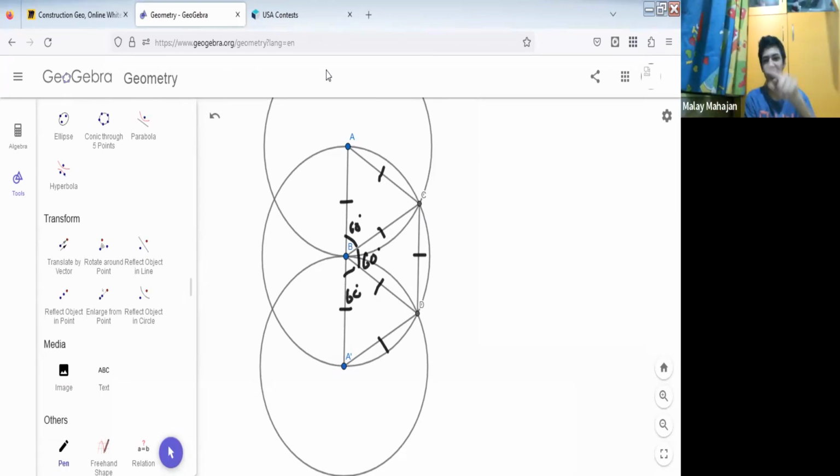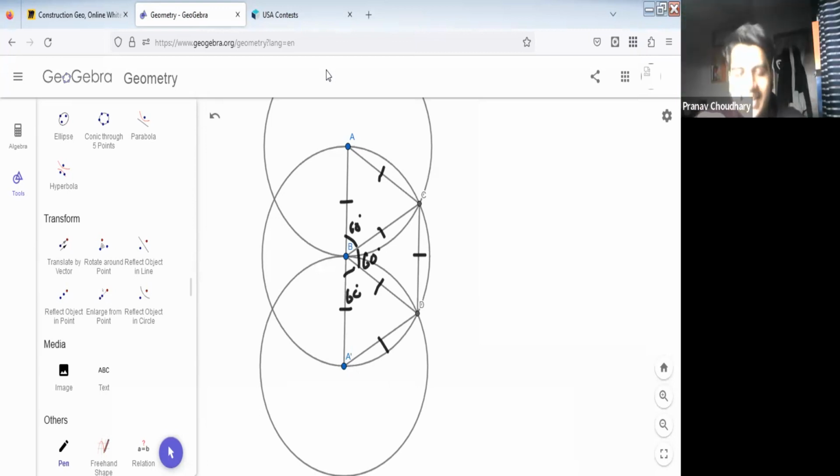Malay, wait, no, I defined D in another way. D is the second intersection of the two circles. Okay. Yes, that is equal. Can you find a nice way to construct D now without involving A dash? Like these are equilateral triangles. And we can construct reflection of a point over a line.